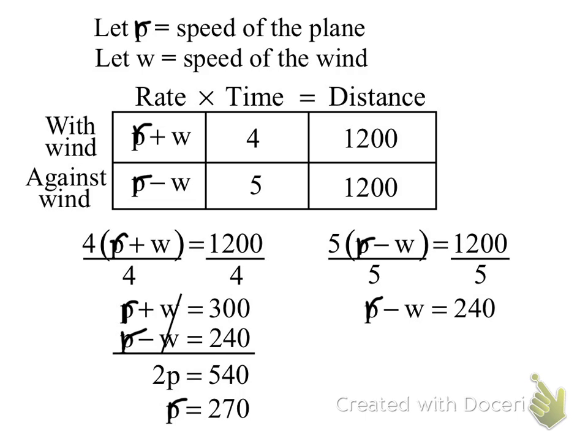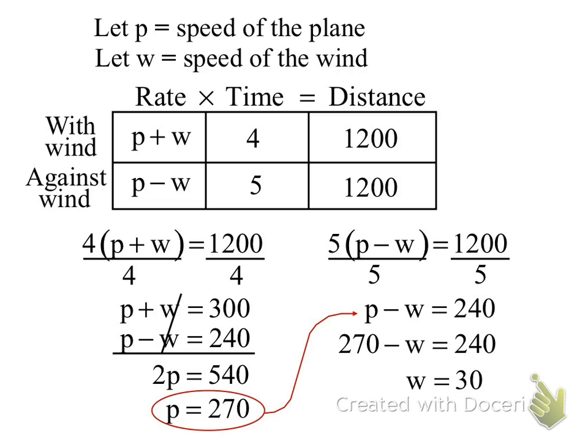Shh. What does that mean, 270? R is 270. Brent? Right, the speed of the plane in still air is 270.